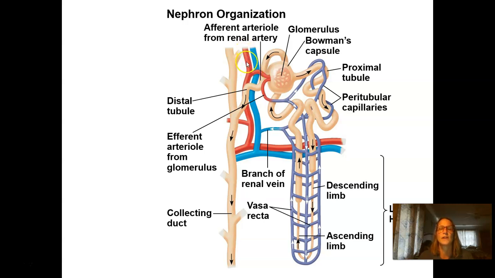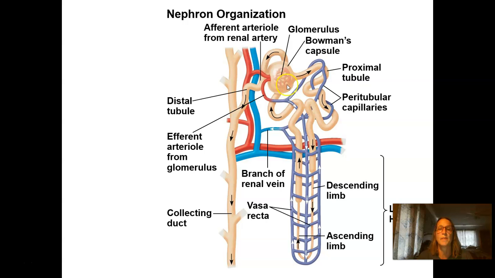So what we have here is an arteriole that is carrying blood into this structure right here called the Bowman's capsule. The Bowman's capsule is connected to these tubules, and it's going to be collecting all the filtrate that's coming out of the blood.